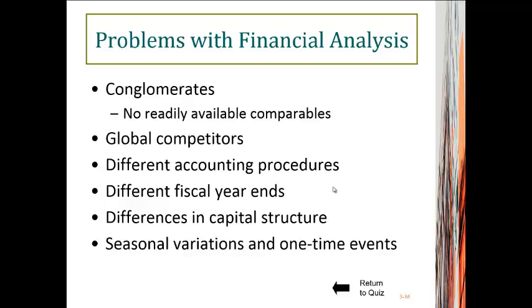There are seasonal variations, as I mentioned, but also we want to be aware that one-time events like mergers or acquisitions or some sort of scandal or the release of a life-changing or a company-changing technology or product, those are going to affect our financial statements in ways that we might not be able to control.